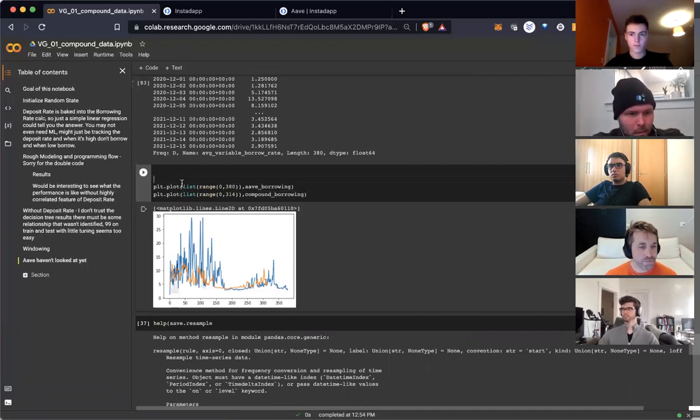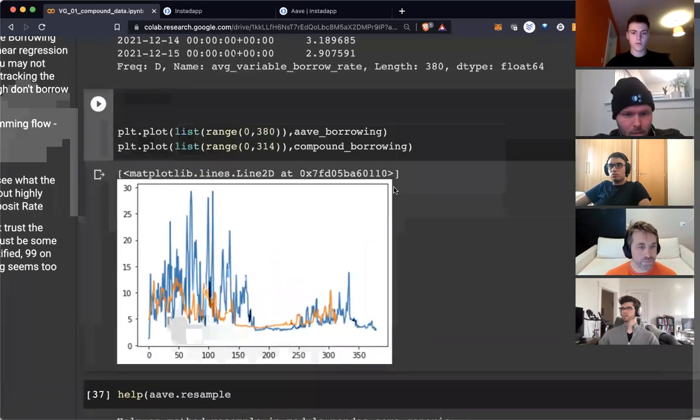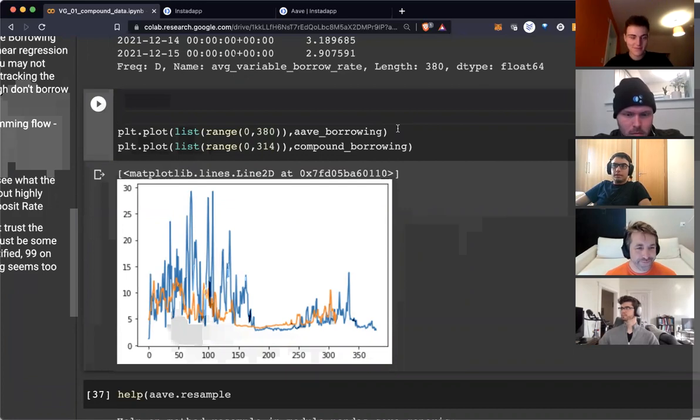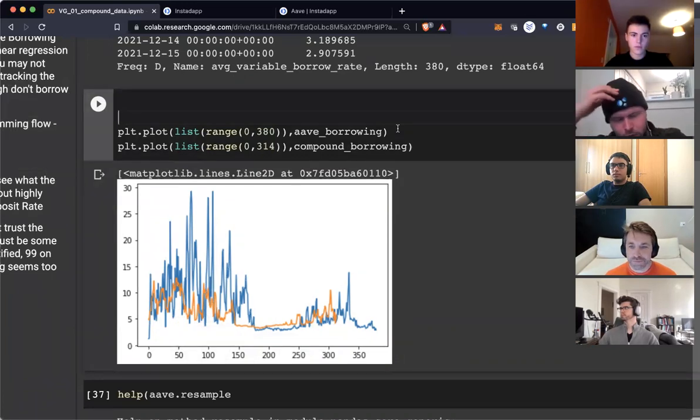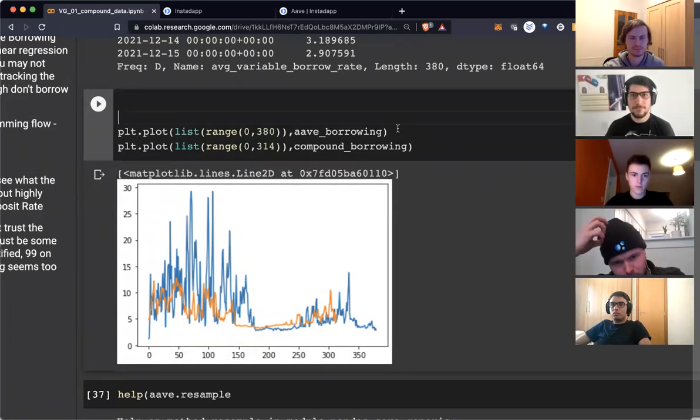Do you want to just look at it this way and I'll just zoom in? Sorry. No problem. Nice. Yeah, it looks like there might be a correlation, doesn't it? Yeah, it's interesting. I mean, they're the two biggest borrowing protocols.